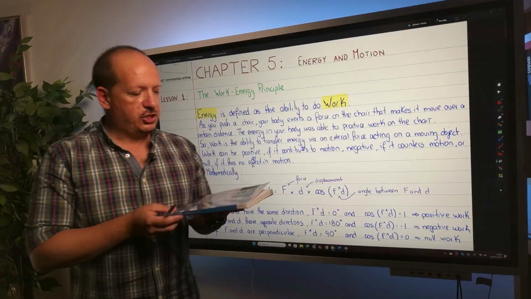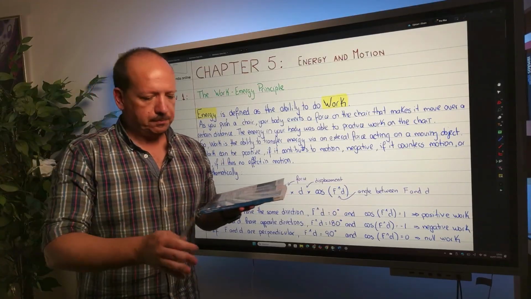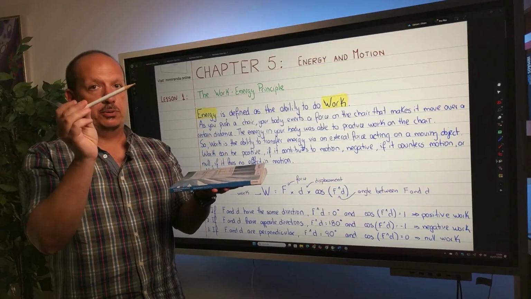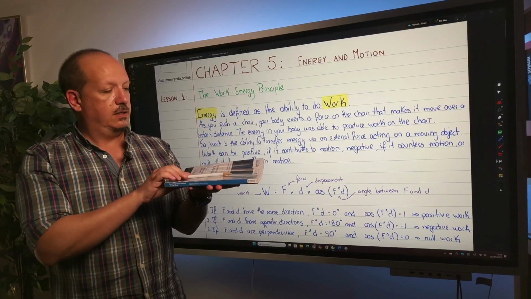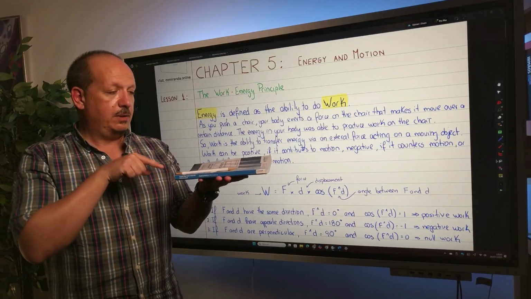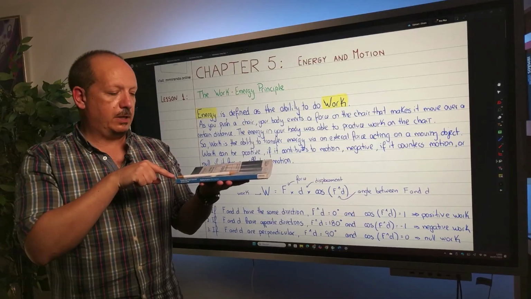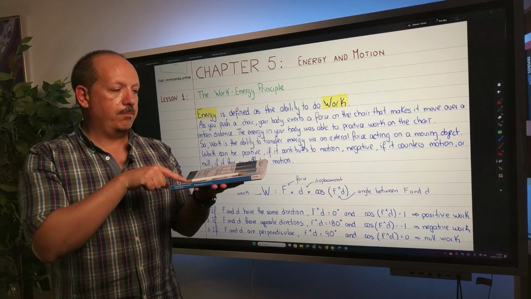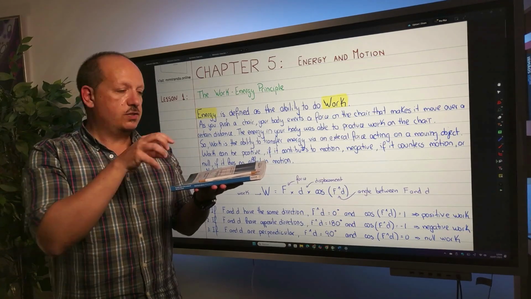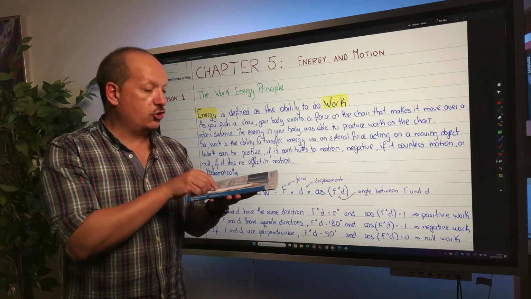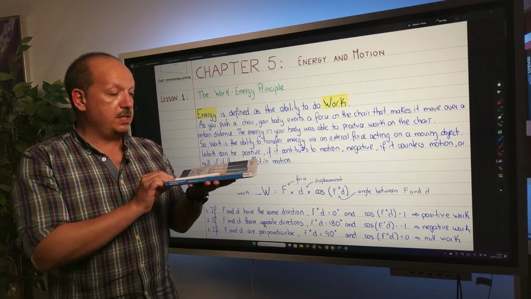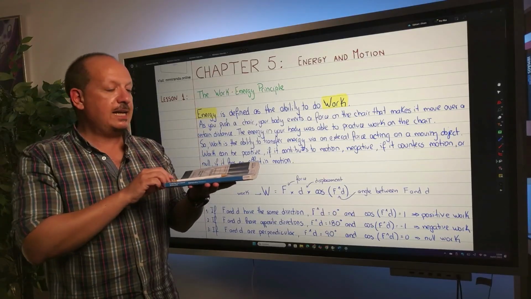If you push a chair along a floor, or for the sake of this demonstration, if I push this pen on top of the mechanics book, what am I doing? I am using the energy from my body to make the marker, the pen, move, right? So there is energy being transferred to the marker, and the marker is going to feel this energy as work.